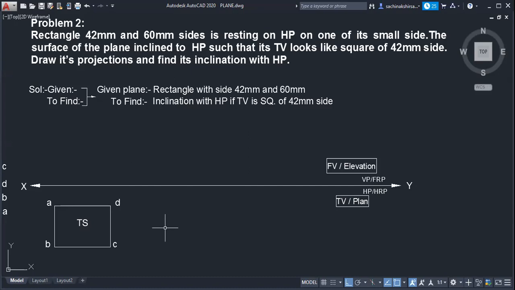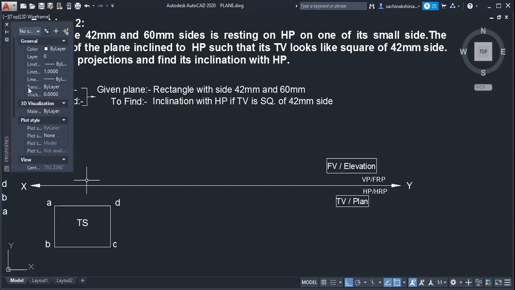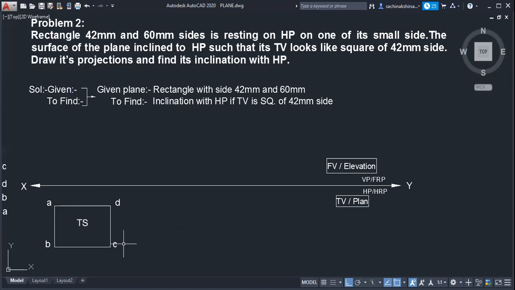Projector line. Let us draw the projector line.